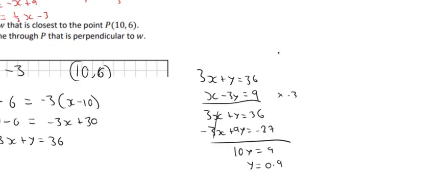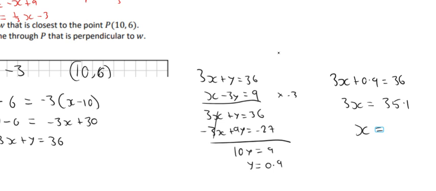Then just sub in 0.9 for y, so 3x plus 0.9 is equal to 36. So 36 minus 0.9 would be 35.1, won't it? And then you're dividing that by 3, so whatever 35.1 divided by 3 is.